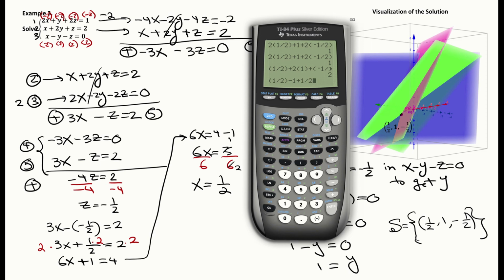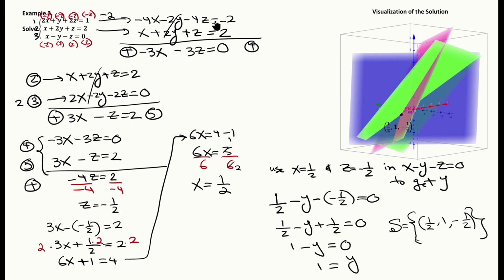This time we hope that when we hit enter we get 0, and we do. So that's how you can quickly check on a calculator to make sure that you have the right solution. And that is that for this problem. So go ahead and make sure all that is absorbed while I erase the board.